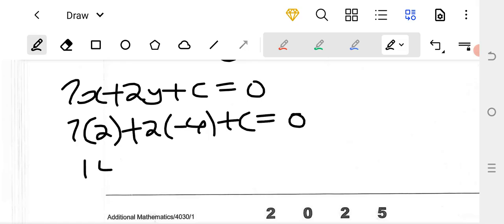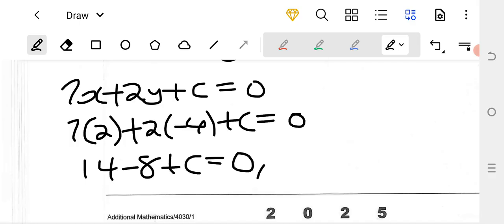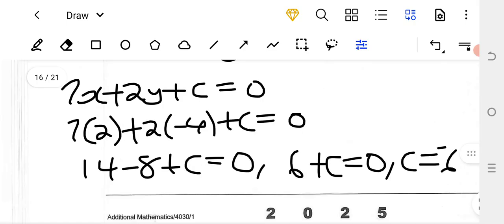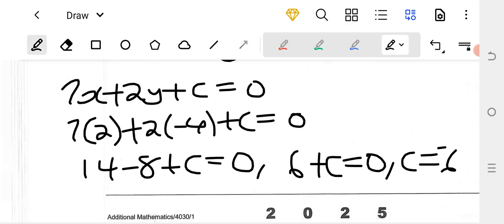So it's going to be 14 minus 8 plus c is equal to 0. 14 minus 8 is going to give you 6 plus c is equal to 0. So c is equal to negative 6.